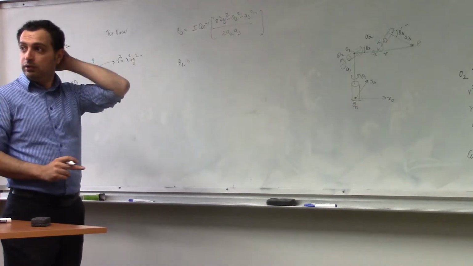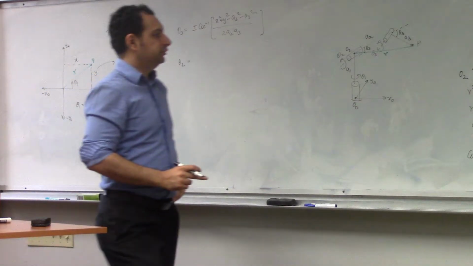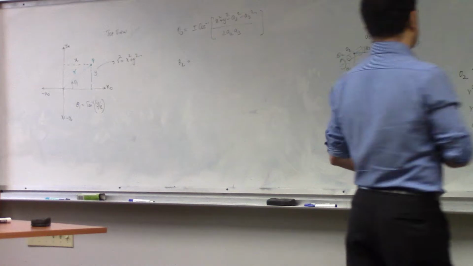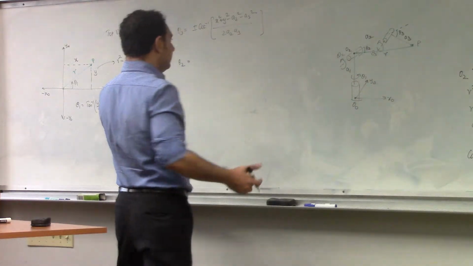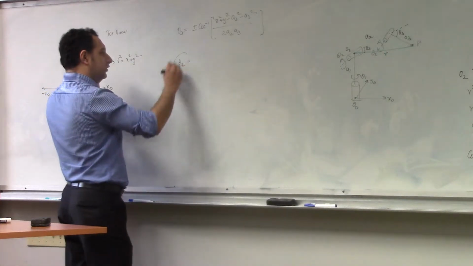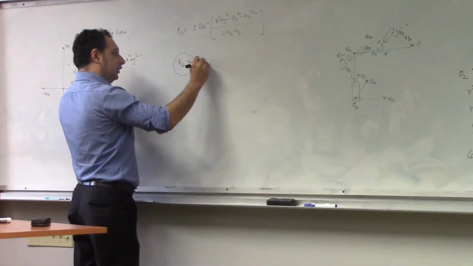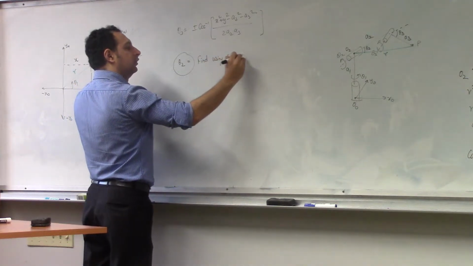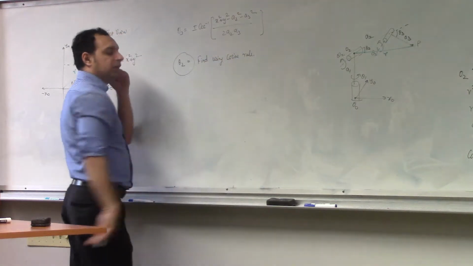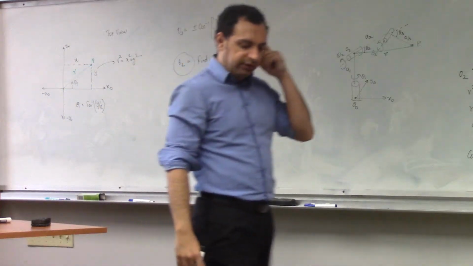How will we find theta 2? The same method. You can use exactly the same method and find the same thing. So you will do again theta 2, I'll leave that to you, find using the cosine rule. Or you can do the same thing as we did previously in the case.